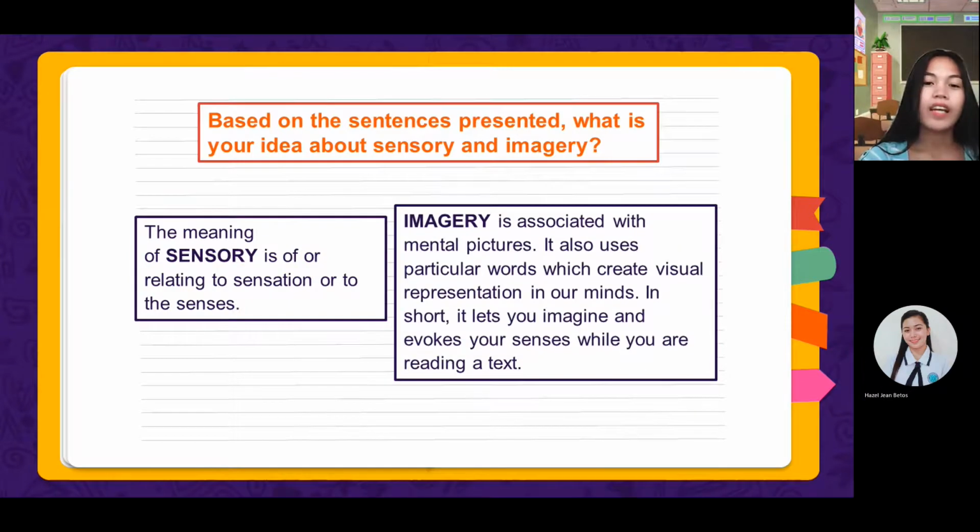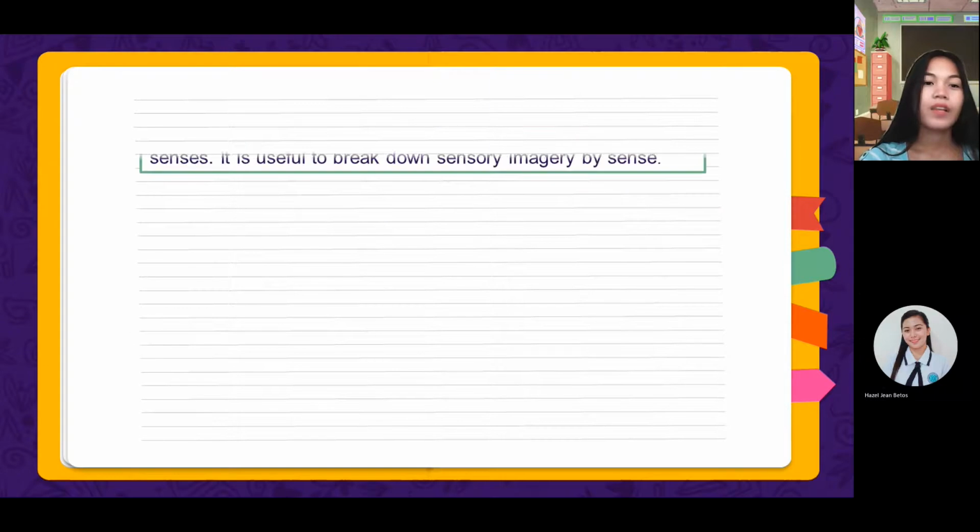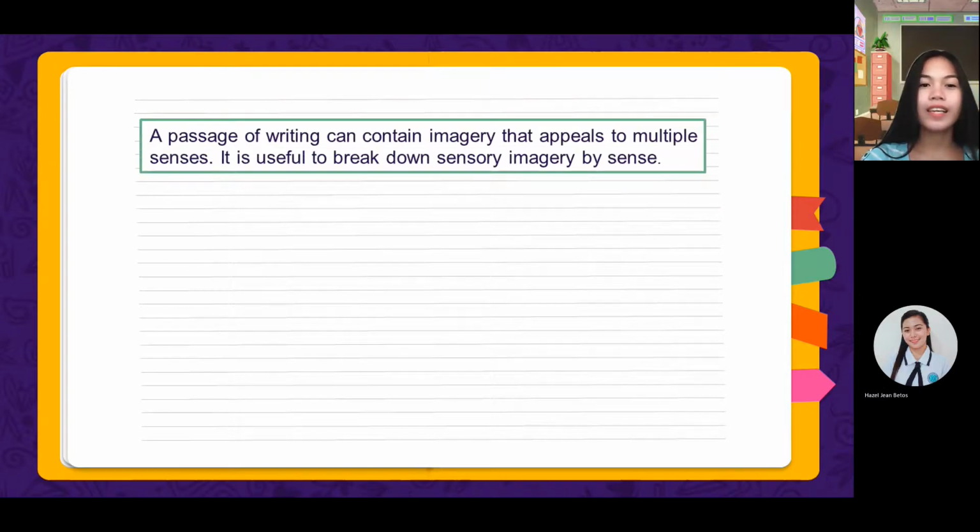Imagery is associated with mental pictures. It also uses particular words which create visual representation in our minds. In short, it lets you imagine and evokes your senses while you are reading a text. A passage of writing can contain imagery that appeals to multiple senses. It is useful to break down sensory imagery by sense.